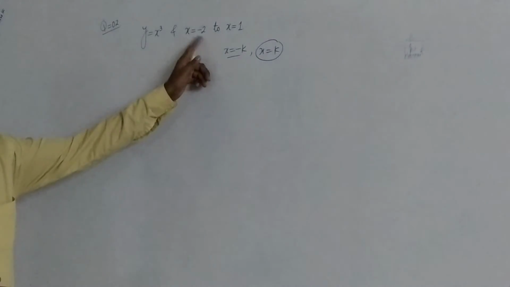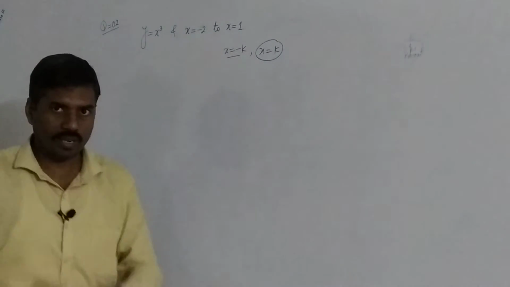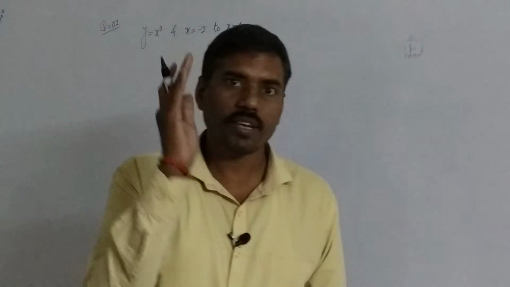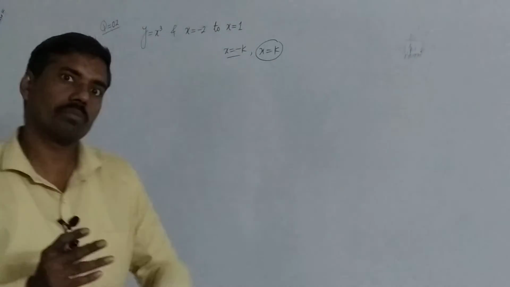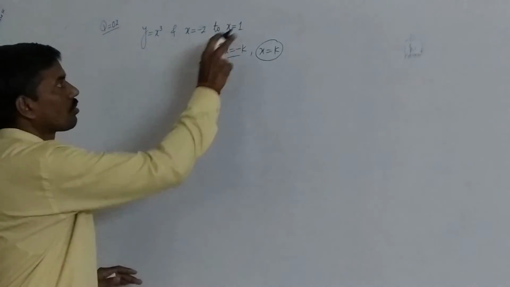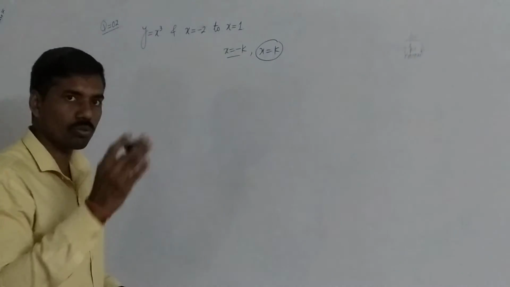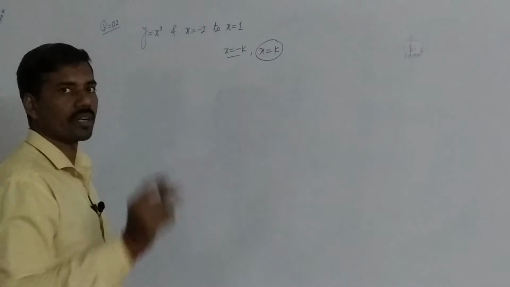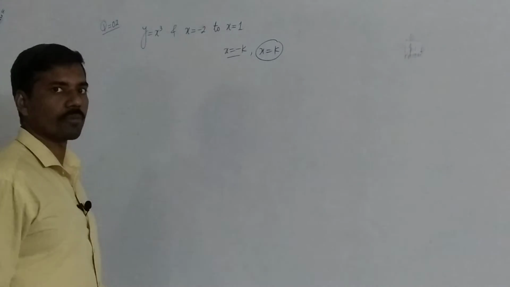But here x is equal to minus 2 is the equation of a line parallel to the y axis at a distance of 2 units to the left side of the y axis, and x is equal to 1 is the equation of a line parallel to the y axis but at a distance of 1 unit to the right side of the y axis.